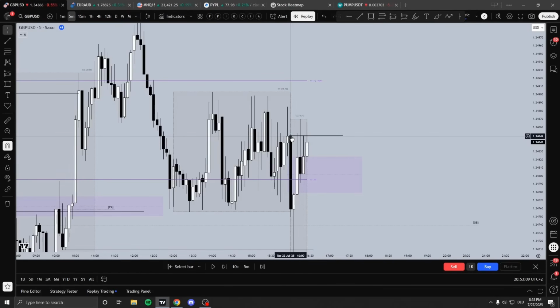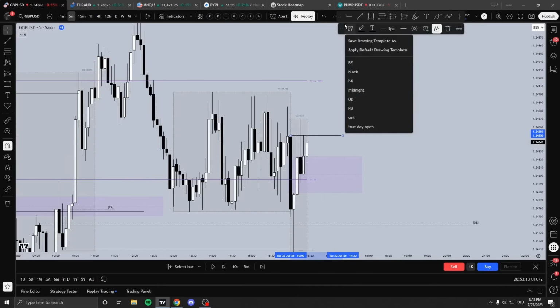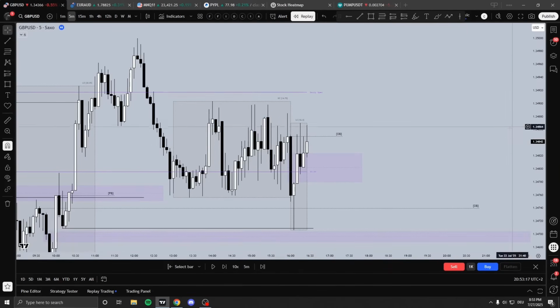So we would like to see price close above this down close candle to then form here a bullish OB. If you get a closure above here, that would reinforce that order flow is bullish on the M5 time frame again. Still no closure, so we wait patiently to see if we get a closure above that down close candle.